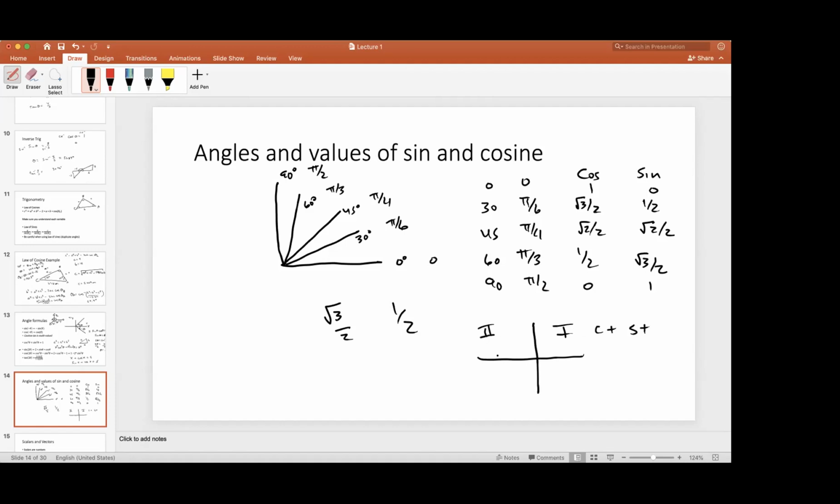In quadrant 2, cosine is negative, sine is positive. I know that looks like a little Y or cactus or something. In quadrant 3, they are both negative, and in quadrant 4, cosine is positive and sine is negative. Otherwise, these values stay the same when you rotate through.